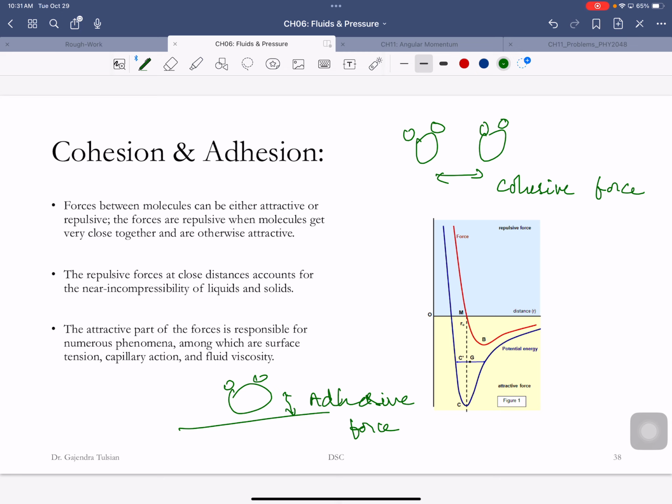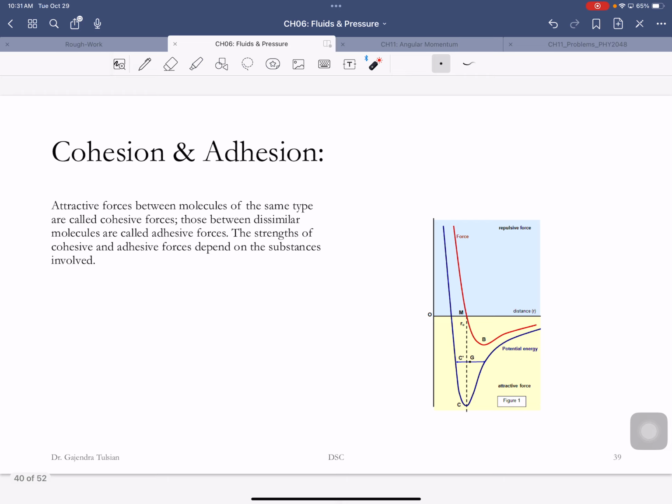Now you might have occasions where the cohesive force is greater than adhesive force. The adhesive force will depend on what kind of surface you're sitting on. Or the adhesive force can be greater than cohesive force. So again, cohesive forces between like molecules, and adhesive forces between unlike molecules.